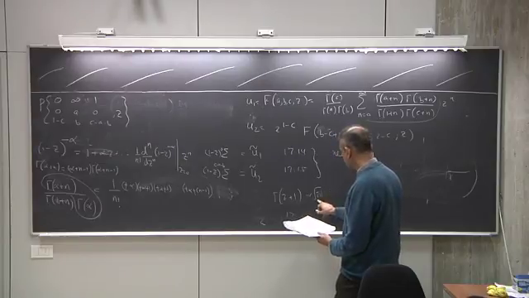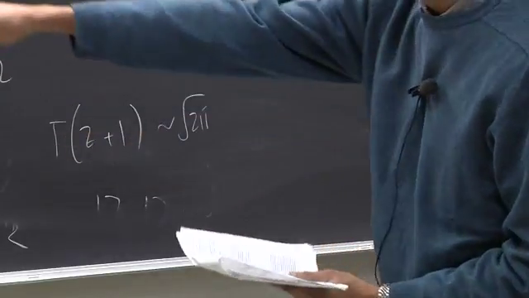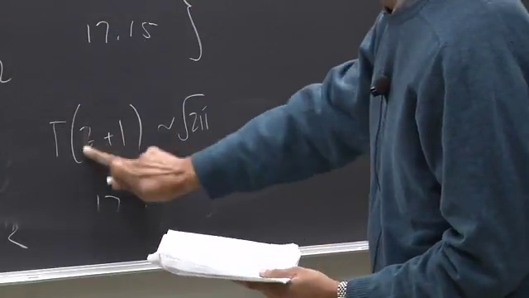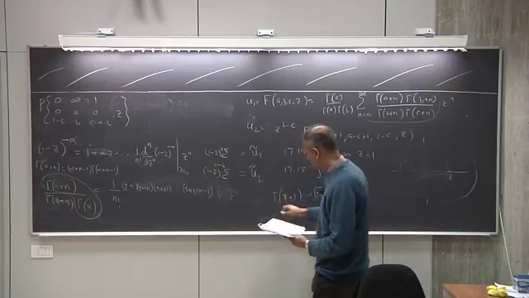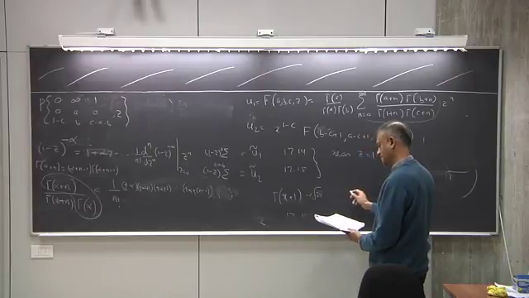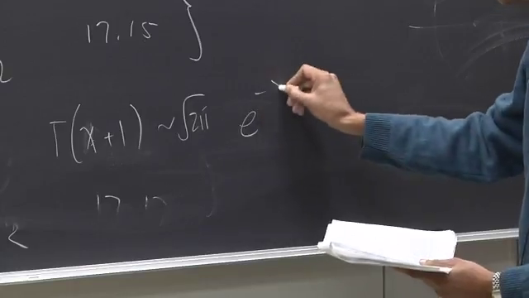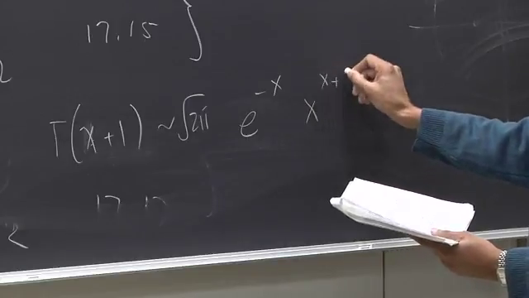These things will not be important. Maybe I shouldn't use this z, not to confuse with this. Okay, let me use x plus 1. Gamma of x plus 1 was root 2 pi e to the minus x and x to the power of x plus half.